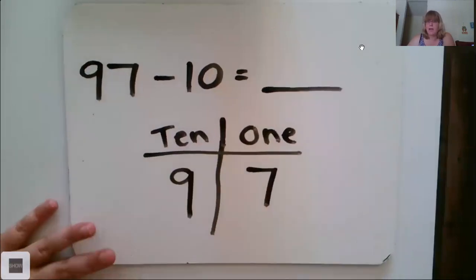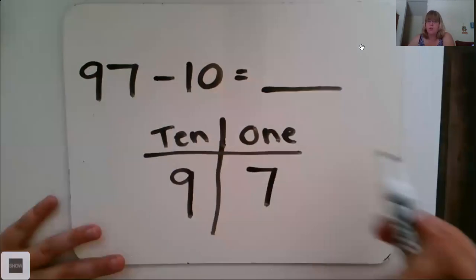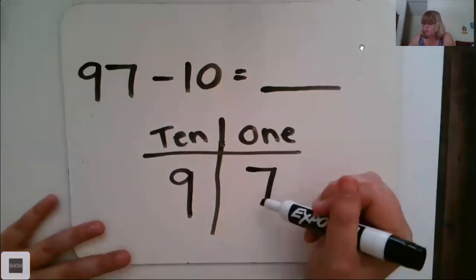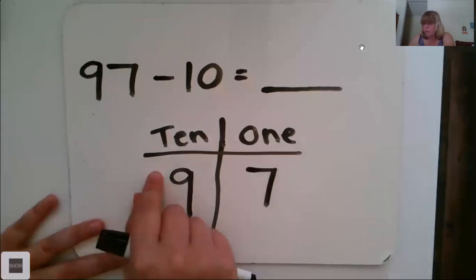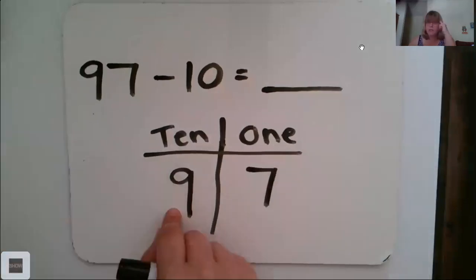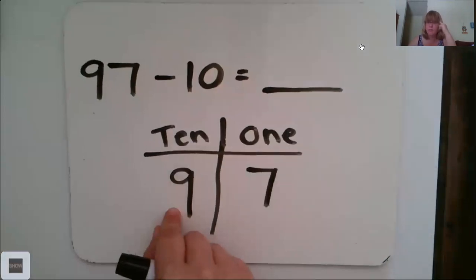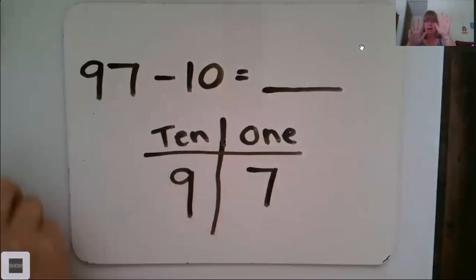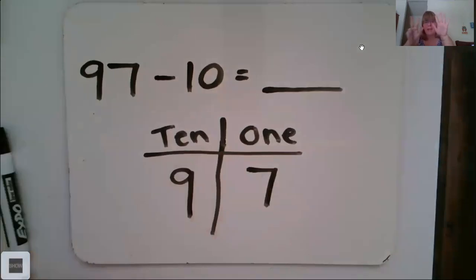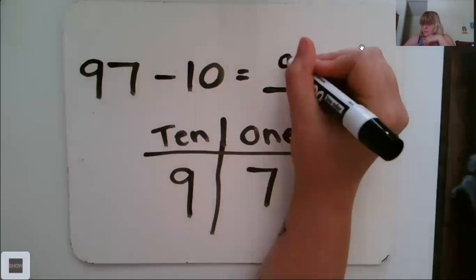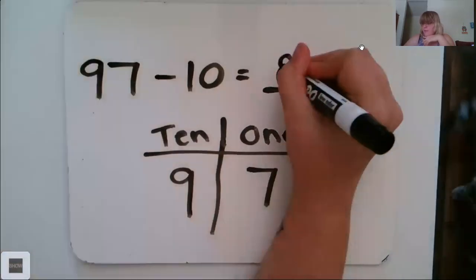Since I'm only subtracting a 10, I'm not going to mess with the ones place. So we start over here. If I have 9 tens and I take away 1 from that spot, I'm going to go from 9 down to 8 tens. So instead of having 9 up front, I now have an 8.